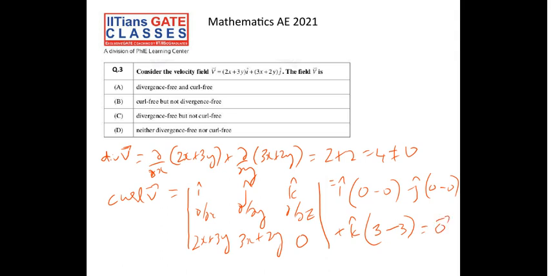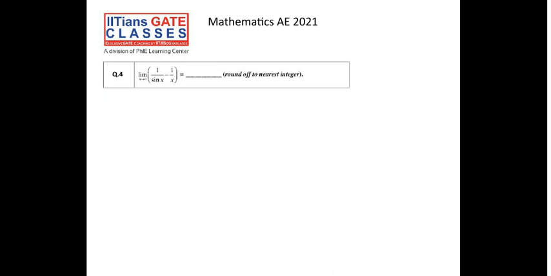So 0 minus 0, 0, this is also 0, 3 minus 3, 0, so we get 0 vector. So this is curl free but not divergence free. So the correct option is option B, curl free but not divergence free.